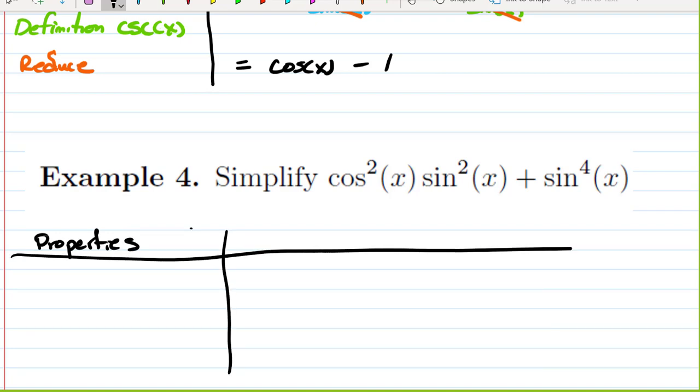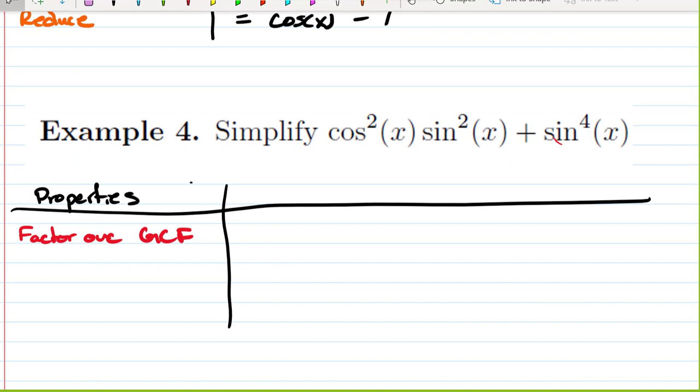So the first thing I'm going to do is factor out the GCF. My greatest common factor in this case, I have a sine squared here and a sine to the 4th here, so my GCF is going to be sine squared x. And if I factor out a sine squared x, I'm then left with cosine squared x plus sine squared x.